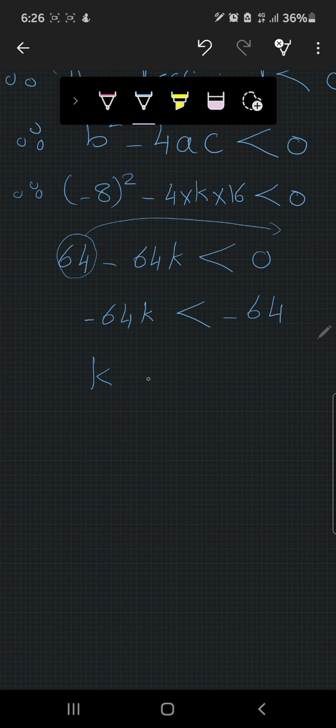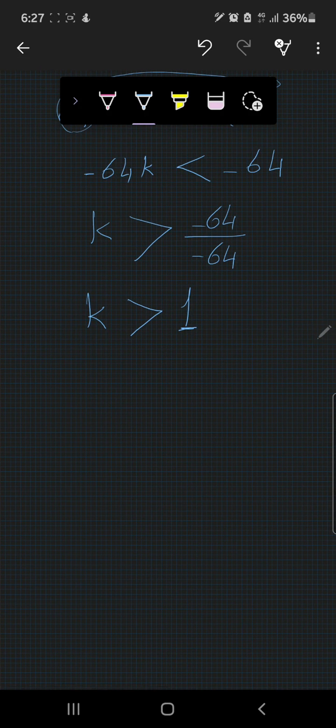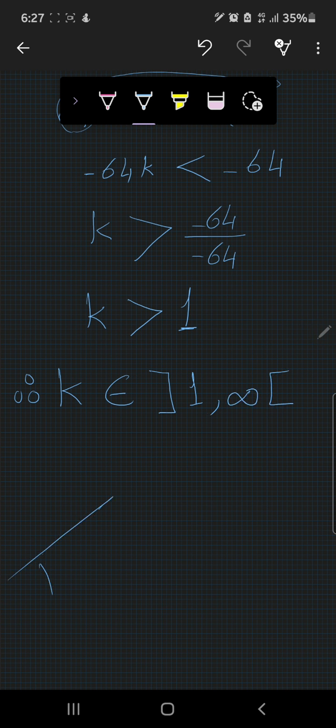So k > −64 over −64. We get k > 1. The values of k are greater than 1. So k belongs to the open interval (1, ∞). Thank you.